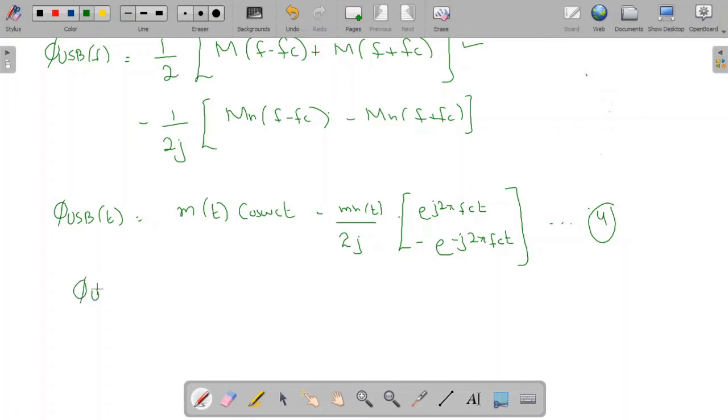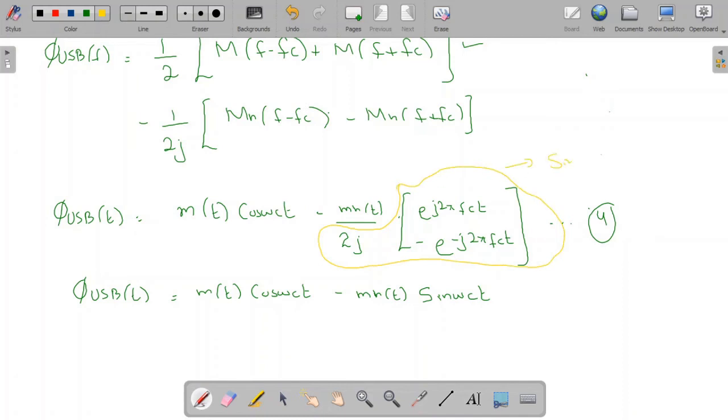So I can write that upper side band is equal to m of t cosine omega ct minus m h of t sine omega ct. Let me name it as equation A.